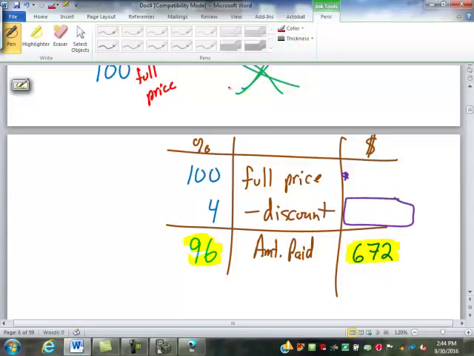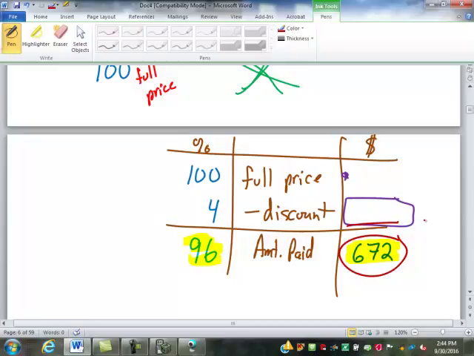When we're working with percents, everybody gets locked into, we have to use 100%. We have to have that percent over 100. And if we're looking at the whole thing, yes, we have to have that 4% is 4 out of 100. But here we don't have the whole thing. So here we're looking at relating the discount to the amount paid. We're not relating that 4% to the whole thing.